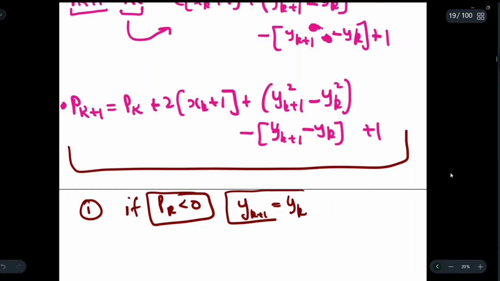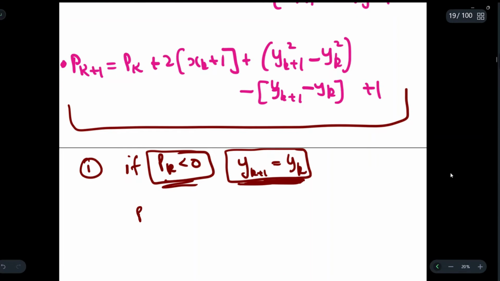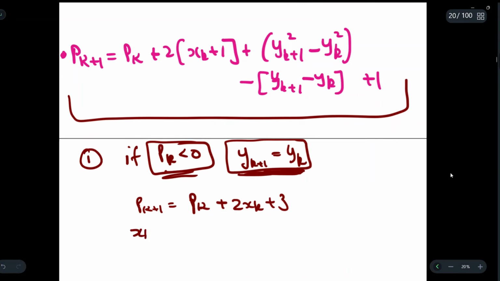This is an important point, that whenever pk is less than 0, then take the value of yk plus 1, that is the next y coordinate, as same as yk. So on doing so you will get the value of pk plus 1 as pk plus 2xk plus 3, and the value of xk plus 1 will be equal to xk plus 1, and the value of yk plus 1 will be equal to yk.